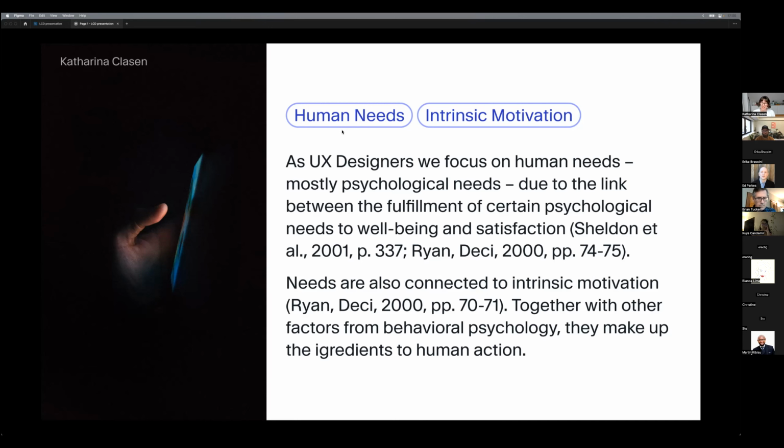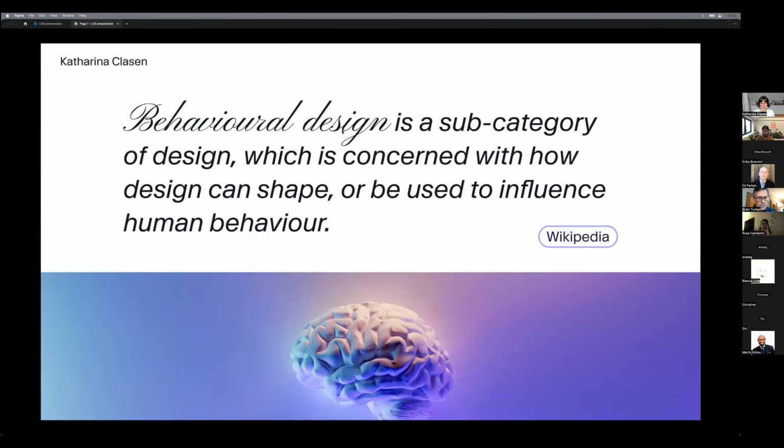So UX design is kind of also linked to behavioral design. And if we want to understand quickly what behavioral design is, I think we can just look at how Wikipedia explains it. They say that it is a subcategory of design which is concerned with how design can shape or be used to influence human behavior.